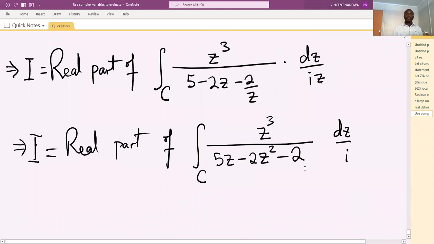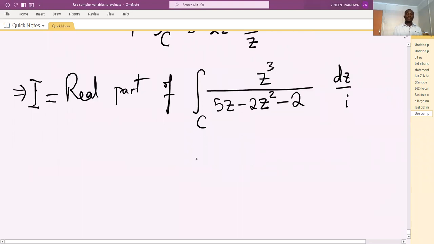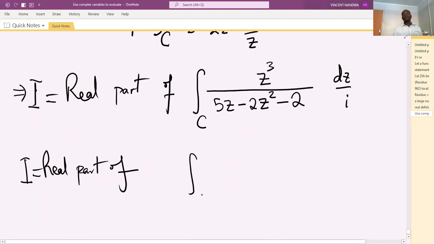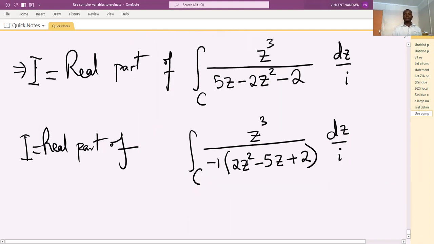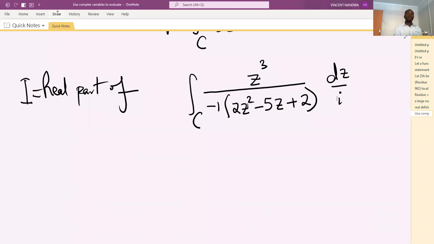So I is the real part of the integral along C. I can factor out negative here, say negative 1 into 2z squared minus 5z plus 2, and then this is z power 3 dz over I. For this product, I can delete this one and write that negative sign at this point.